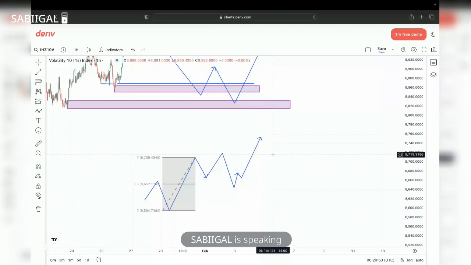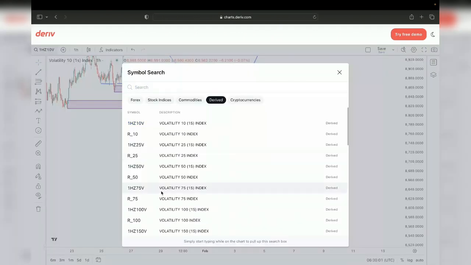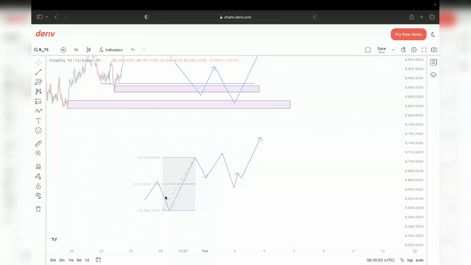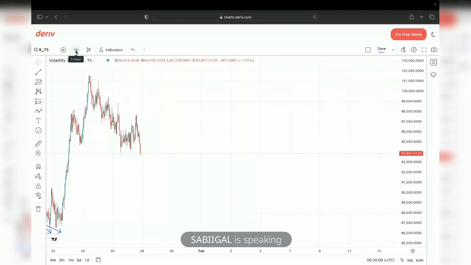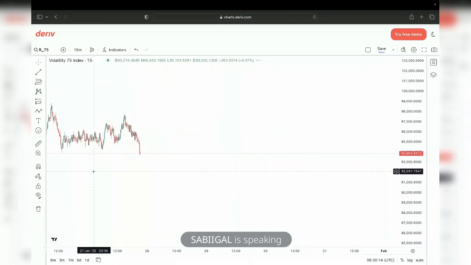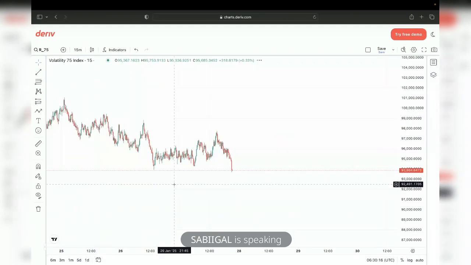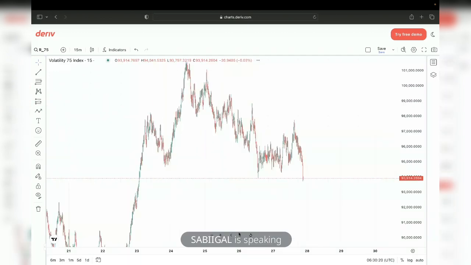Okay, let me just use this one as an example. Let me use 15 minutes. You'll see what I mean by it might be very little. Now let's use this as an example.